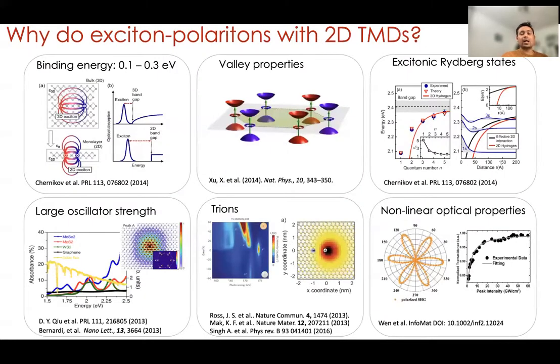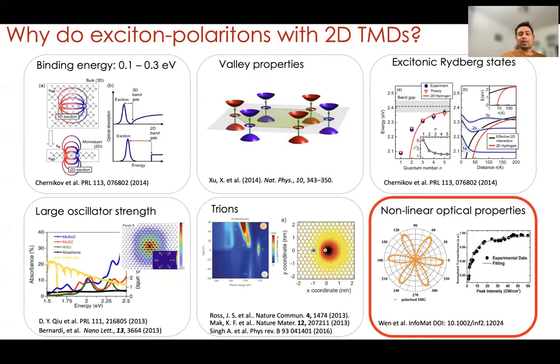Now, TMDs are a prime candidate for making polaritons for many reasons. Among different mechanisms, I'm going to focus on a particular property, which is nonlinear optical property. Traditionally, people have studied nonlinear properties at very high pump power.